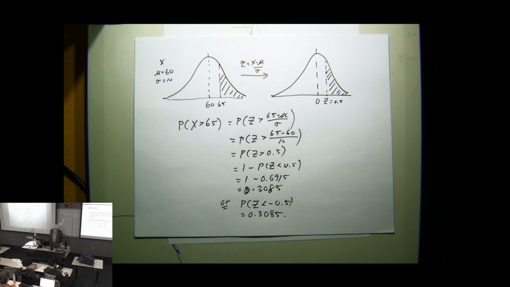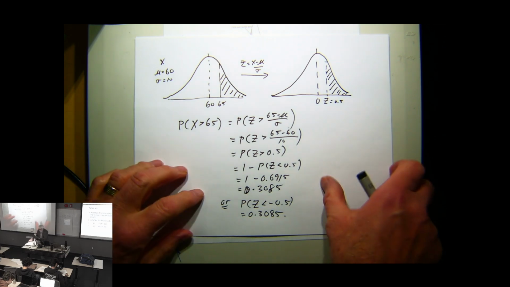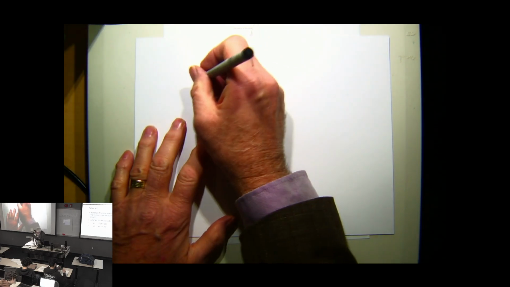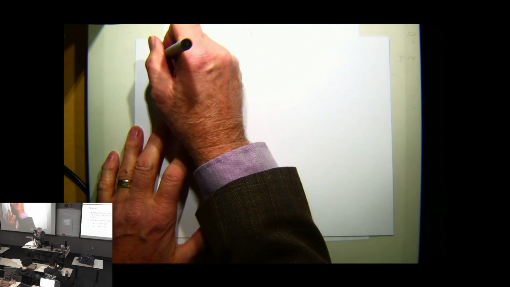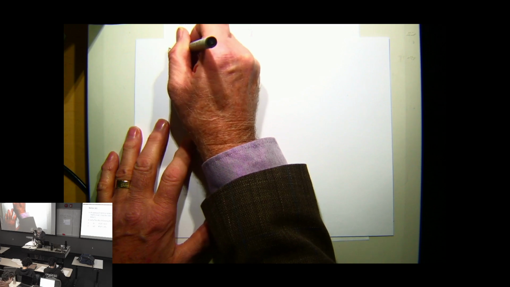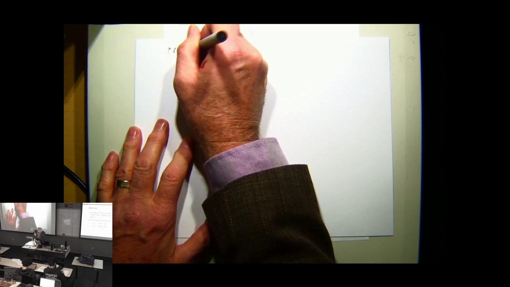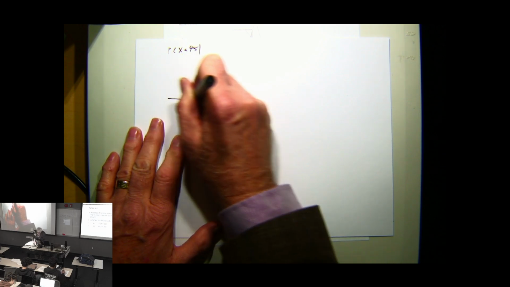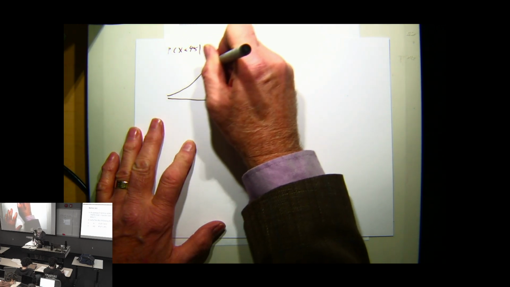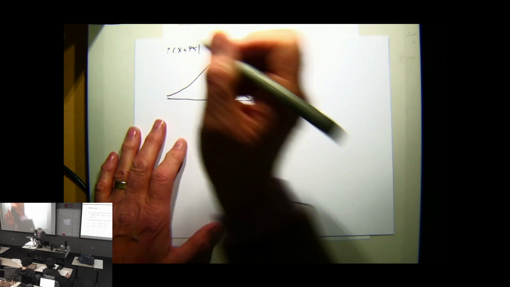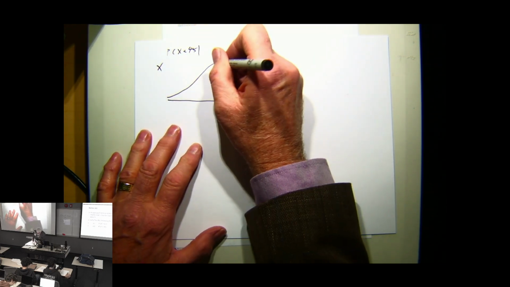Okay, similarly, you can look up the probability x is less than 45. Here's why I'm going to emphasize the importance of the diagram: you've got to know where you are on the graph. So we're going to do the probability x is less than 45. First, draw my distribution of x. The mean is 60.